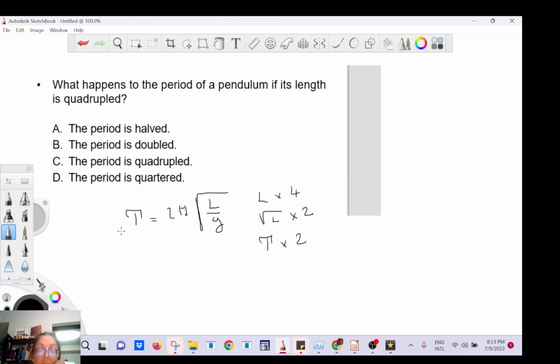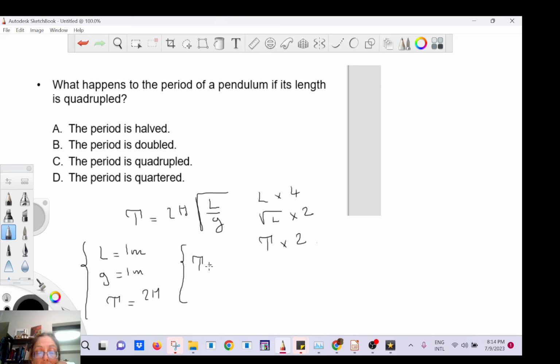And the other way around, you can say, okay, if L equals 1 meter, and let's say g equals 1 meter, giving fake numbers, the period equals 2 pi. What's going to happen now if L is multiplied by 4?